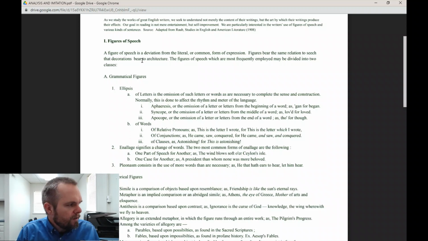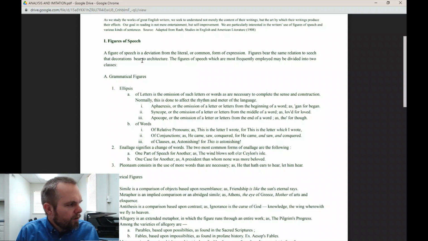So two different types of figures of speech, grammatical figures and rhetorical figures. And these are the things that students should be looking for as they read great works of literature, because they'll be found in the writings of all of history's best authors.